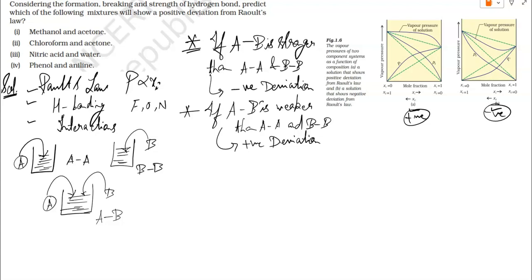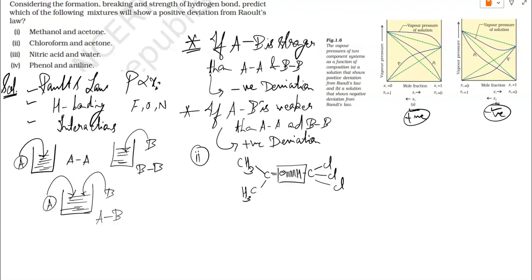So if we take the options, now let's take option B, the second option, that is chloroform and acetone. Acetone means CH3, C double bond O, CH3, and chloroform is CHCl3, one chlorine, two chlorine and three chlorine. Now in the interaction between chloroform and acetone, there will be hydrogen bonding that you can expect between this oxygen and this hydrogen.